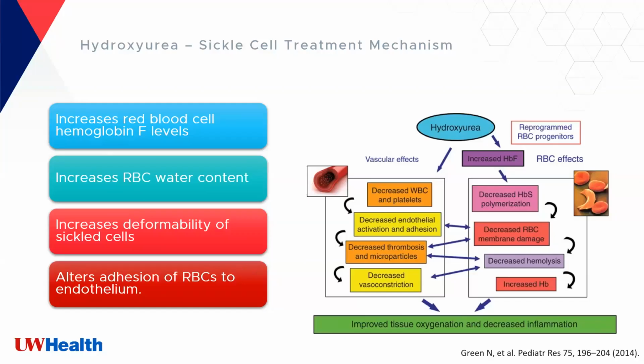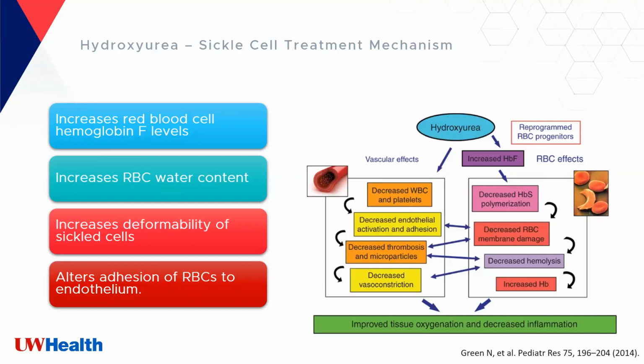Now, understanding the mechanism of action, or how hydroxyurea demonstrates its effects in our sickle cell disease population, I think noting these four categories here is really the main points considering its mechanism in sickle cell disease. Now, you might see hydroxyurea in the oncology space as it is an anti-metabolite. So you'll commonly see it with chronic myeloid leukemia and also head and neck cancer.